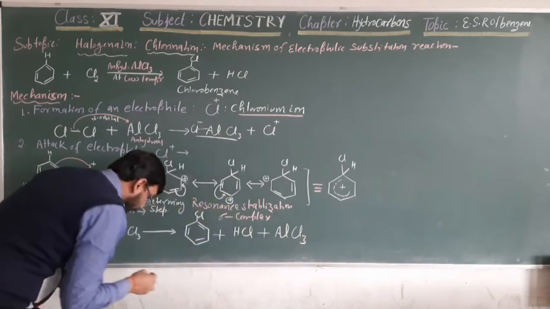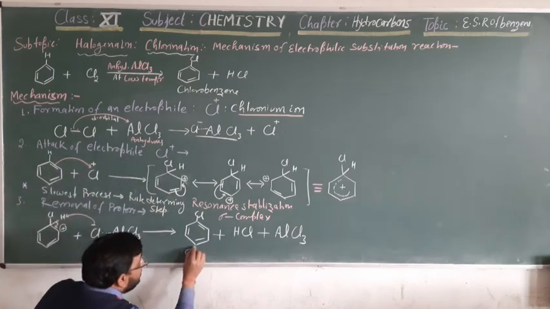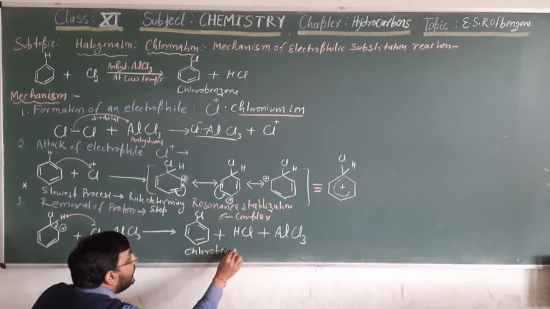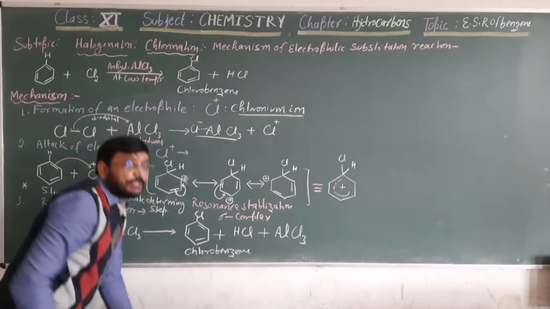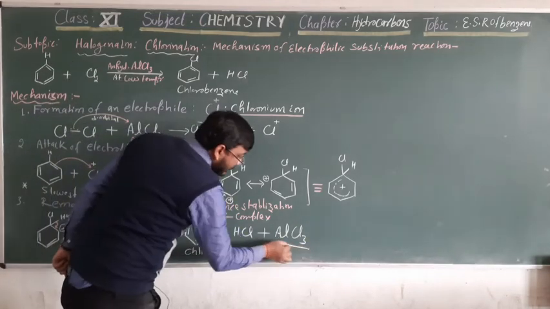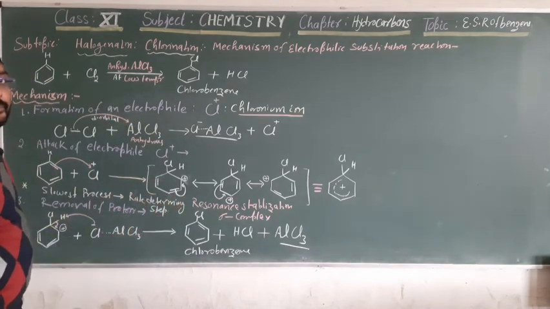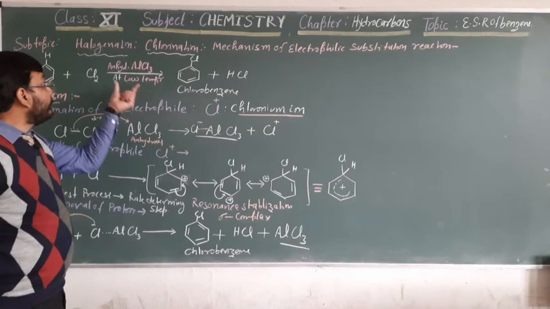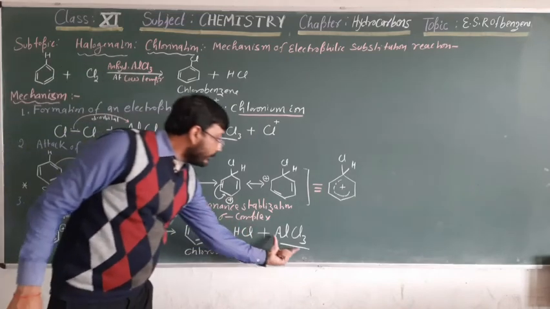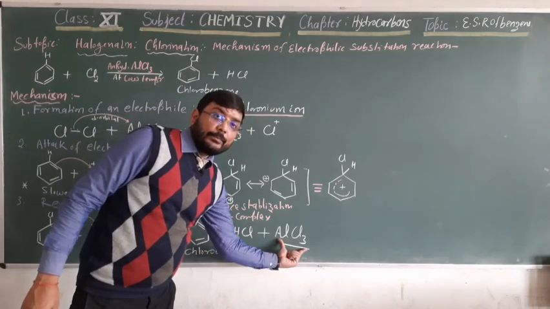Now see, this is chlorobenzene. Now see, AlCl3, here we get it back. The AlCl3 we used here is now returned.